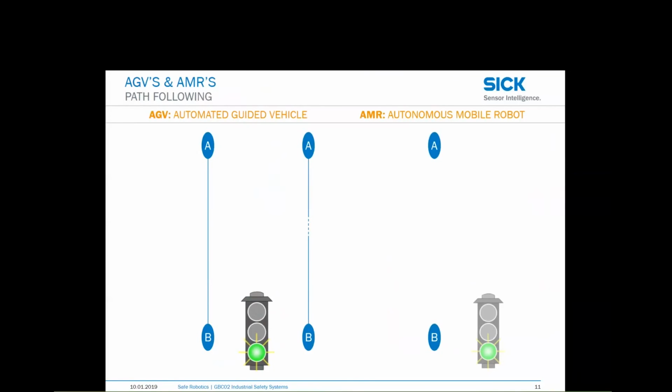An autonomous mobile robot, however, when it detects an object, can use its navigational algorithms and facilities to find another path through the plant, right? This is a typical difference between these types of navigational methodologies found in both platforms.